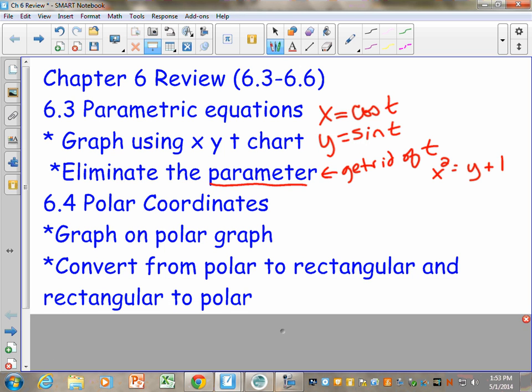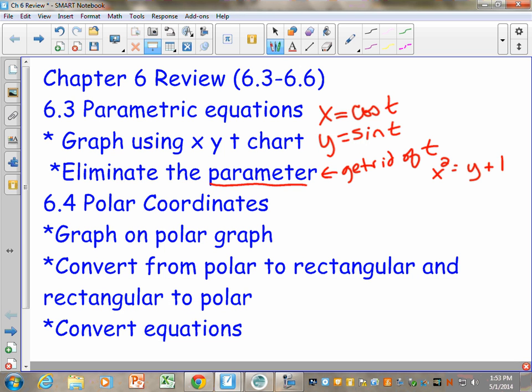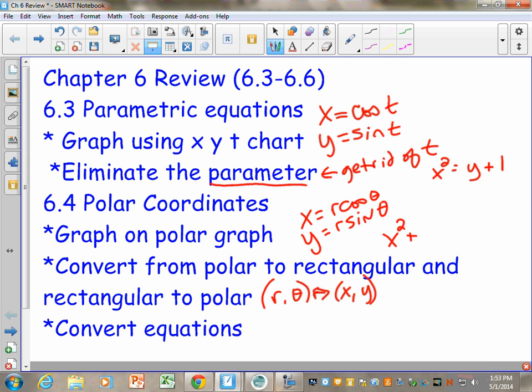But then the rest of 6-4 was all about converting points, like r theta to xy, or the other way around. You just put the arrow going this way too. Or if I gave you the xy point, you could change it to r and theta. That's where you have to know those equations. x equals r cosine theta, y equals r sine theta, x squared plus y squared equals r squared.